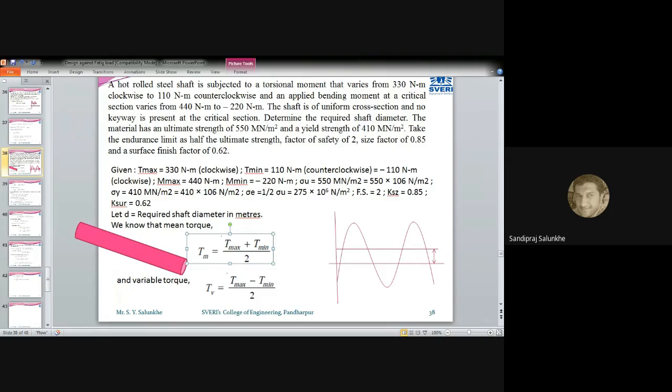You should have a calculator and pen and paper with you. 110 Newton meter. How many of you have got that answer? Yes, sir, 110.